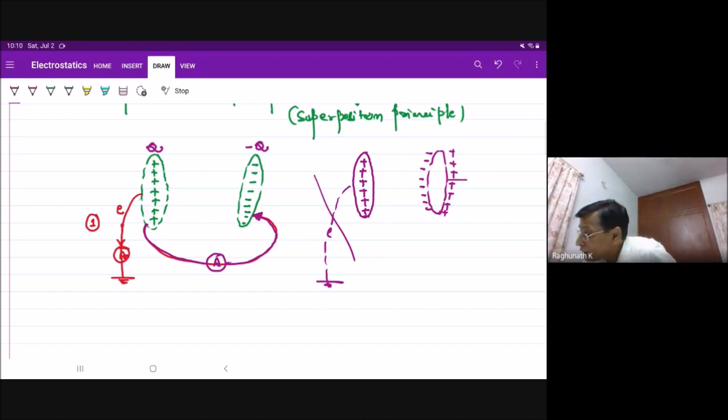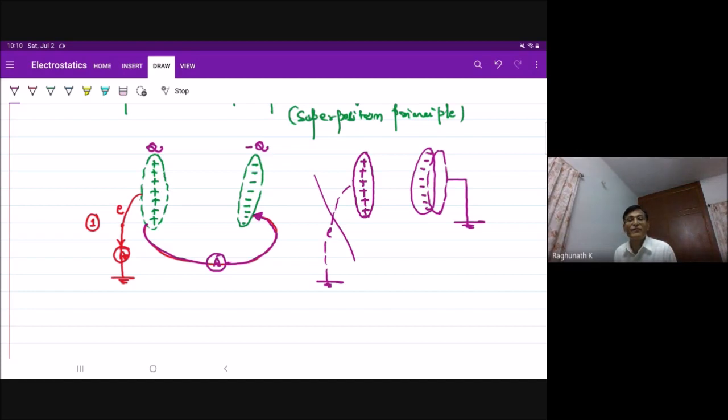Now, if you connect this to earth, you know what happens? This positive charge will go away to the earth. But this negative charge is created. What is this procedure called as?